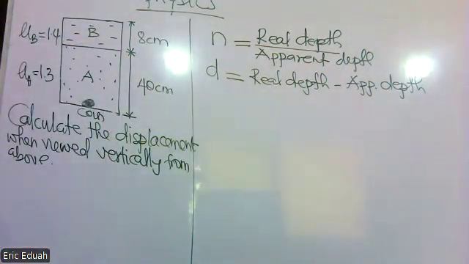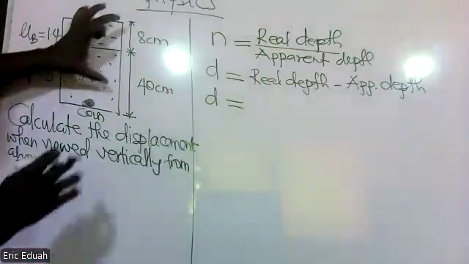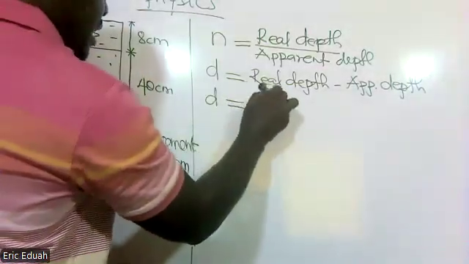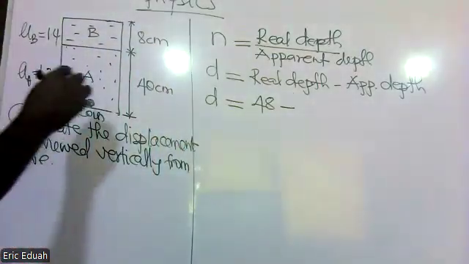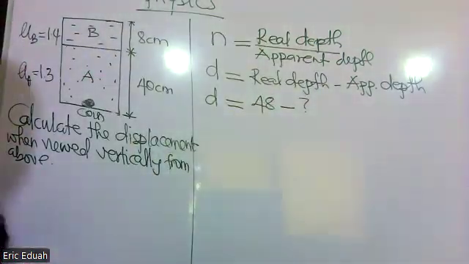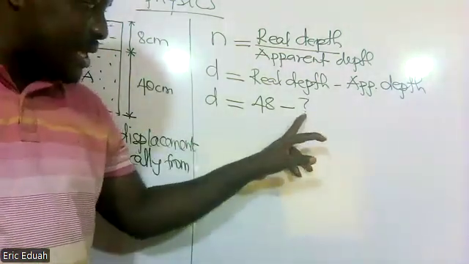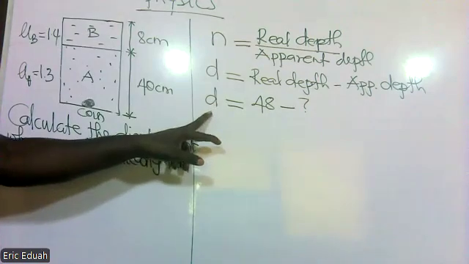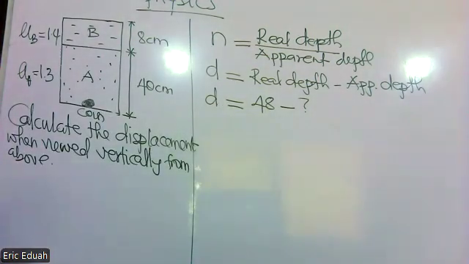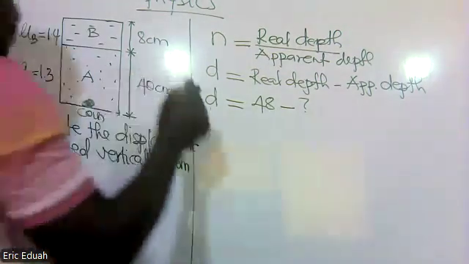So to determine the displacement, D must be equal to the real depth, which is 48 centimeter, minus the apparent depth, which is unknown. Meaning that to calculate the displacement, we must determine the apparent depth and subtract it from the real depth. So the apparent depth for each of the liquids must be done one at a time.